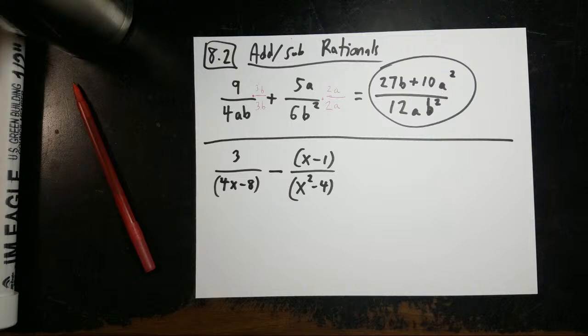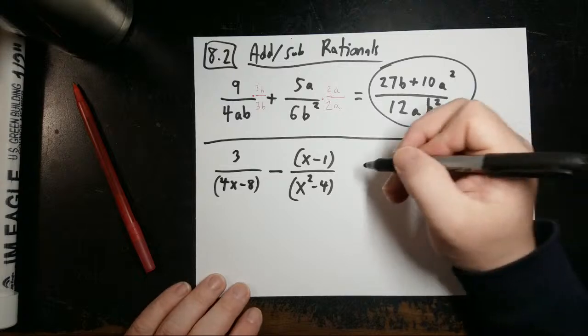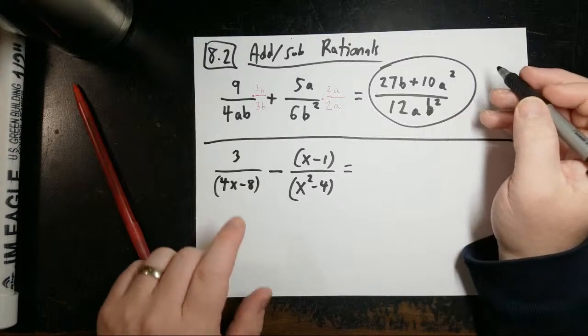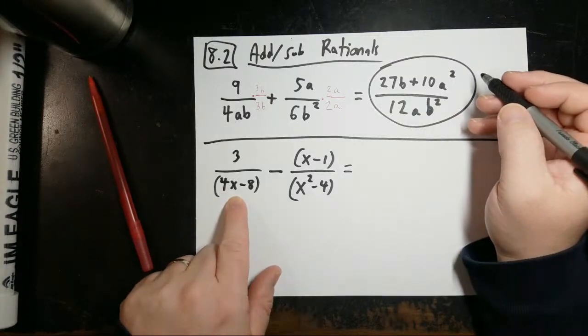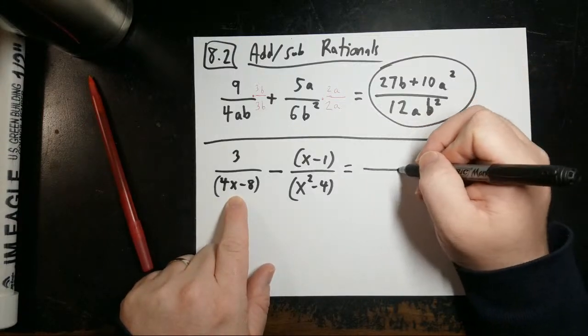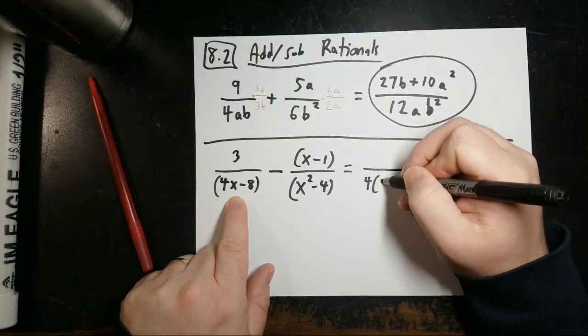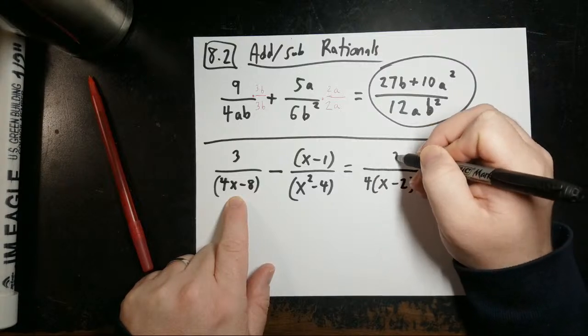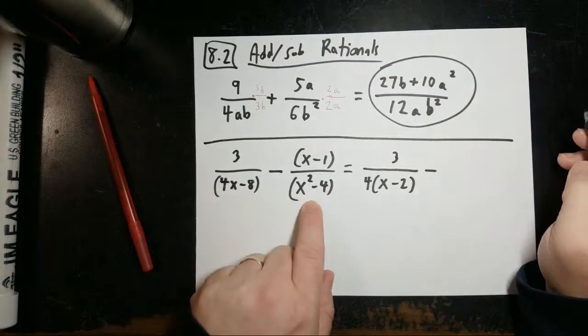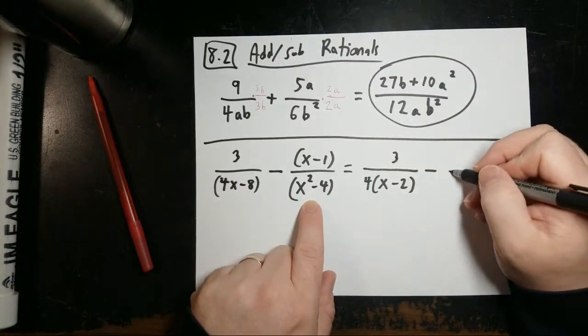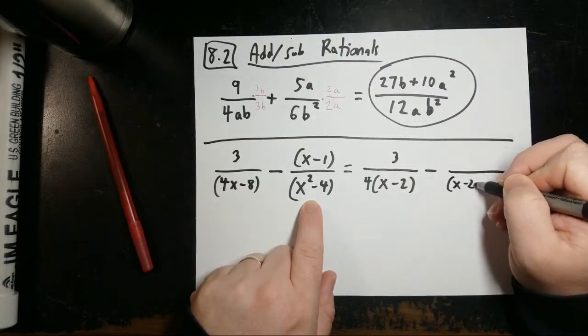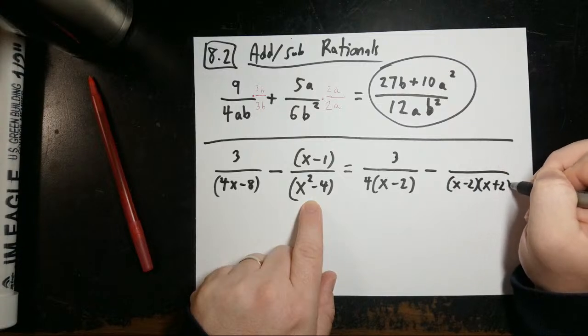I'm going to have to factor here first, actually. Before I do anything else, I'm going to have to factor. On the bottom left, I can factor out a 4. On the bottom right, I can turn this into x minus 2, x plus 2.